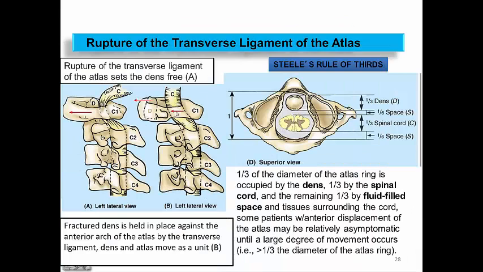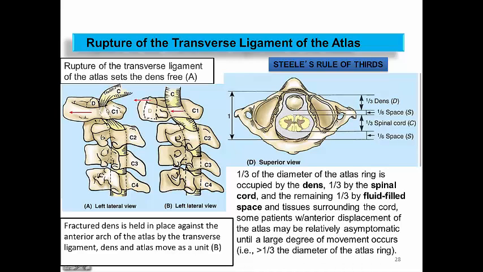It is also possible to rupture the transverse ligament of the atlas. We've previously discussed how the transverse ligament can also be ruptured in case of a Jefferson or burst fracture. Here we have an example of what happens if you just rupture the transverse ligament of the atlas itself.